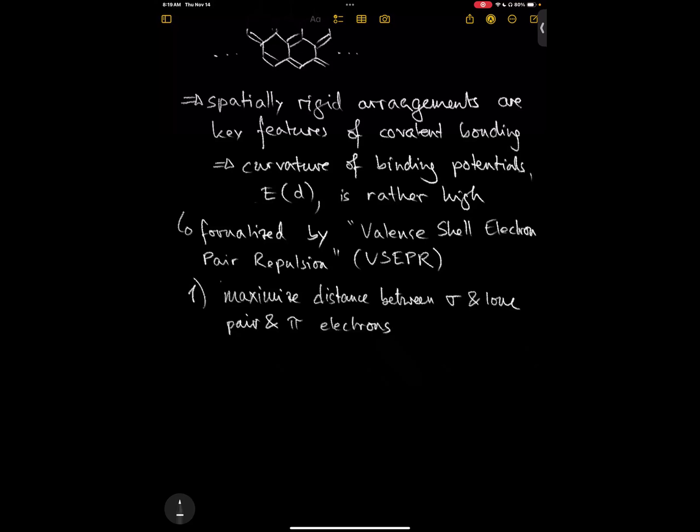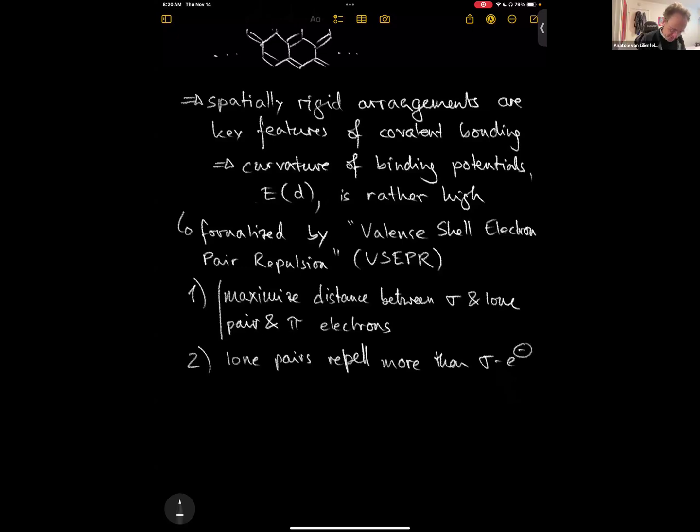Okay. And the second rule is that the lone pairs repel more than a sigma electrons. Right?